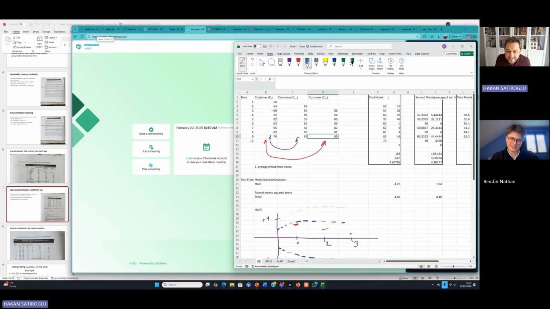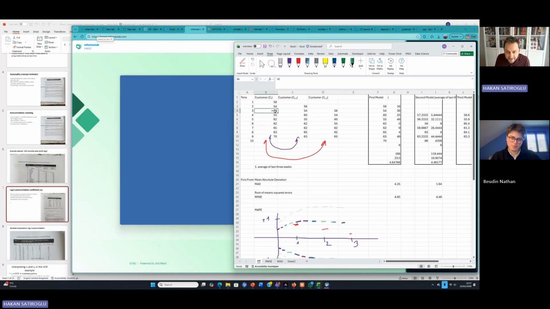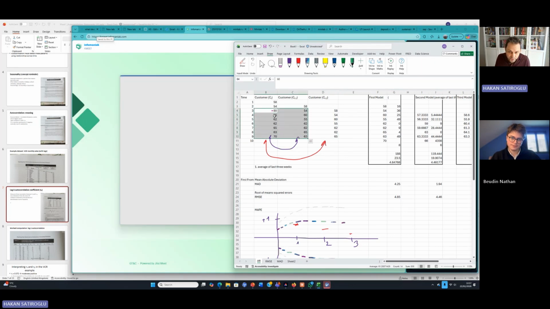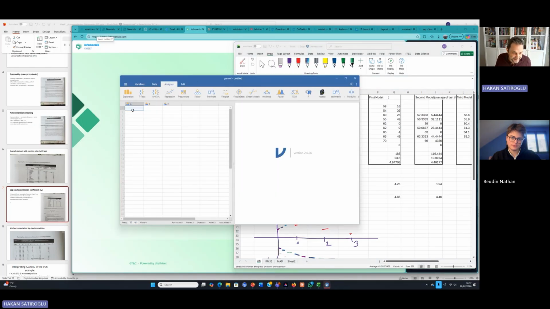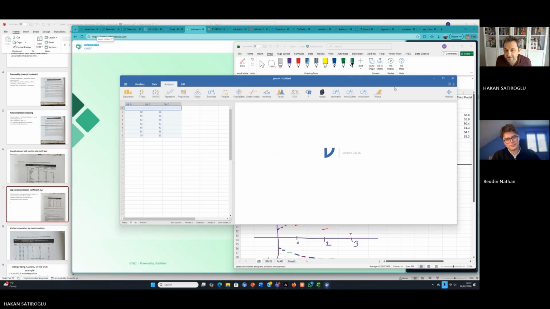So I'm going to take these two and check whether the correlations are significant. Anyway, normally we don't have a specific place. Is there a time series here? No, I don't see.